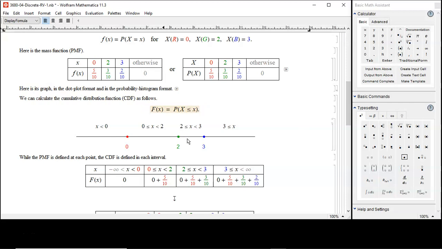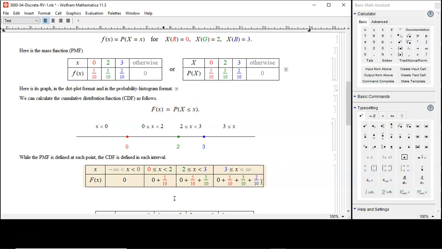Now, if I cross this, anything less than this, there are now 2 possible dots, 0 or 2. And this is cumulative, so you have to keep adding up. So add up 5/10, 3/10. And then if x goes here, then anything less than x, now I have 3 dots, so I have to add these 3 probabilities.